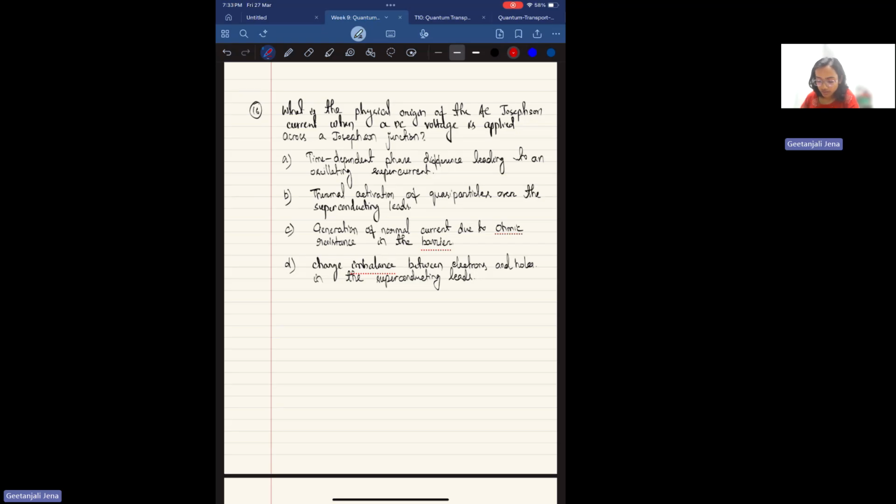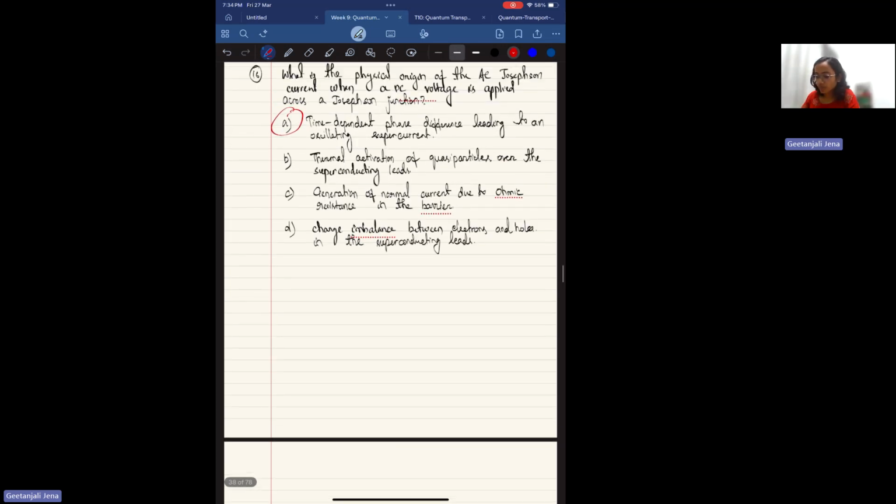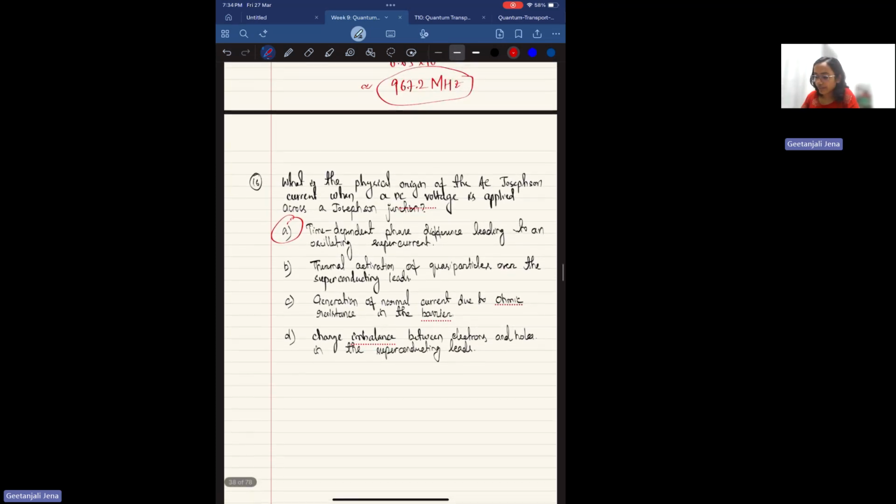Option D, charge imbalance between electrons and holes in the superconducting leads. This is quite easy to guess. The reason we get this across the Josephson junction is the AC Josephson current, because of the time-dependent phase difference, which leads to an oscillating supercurrent.